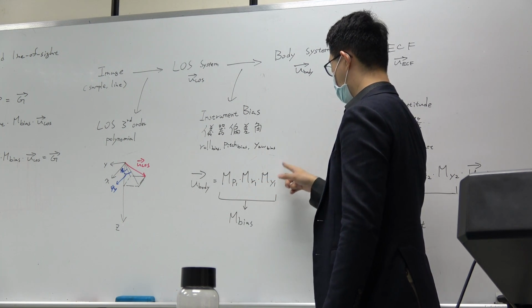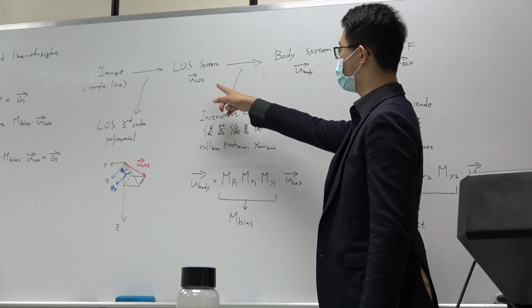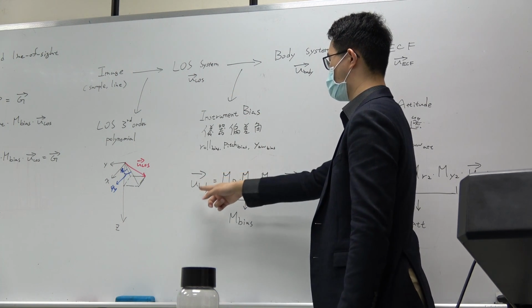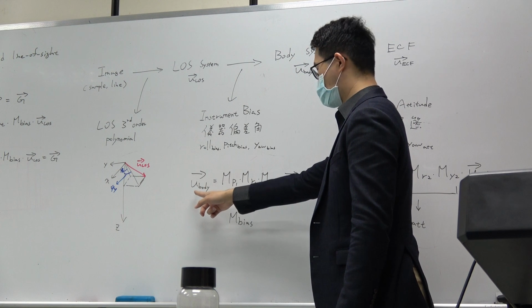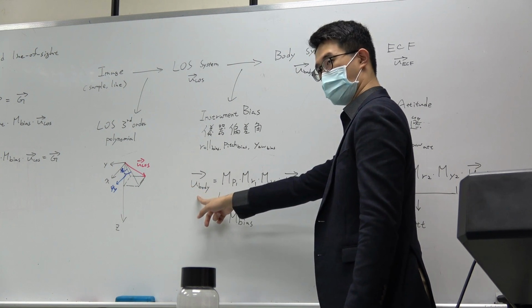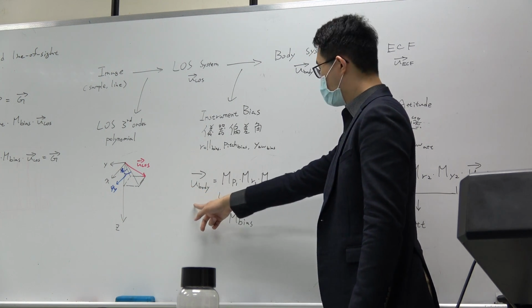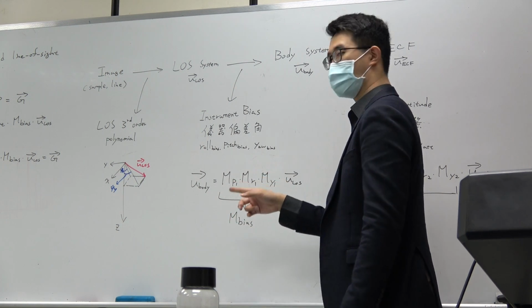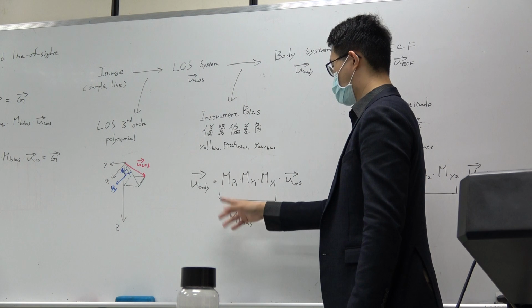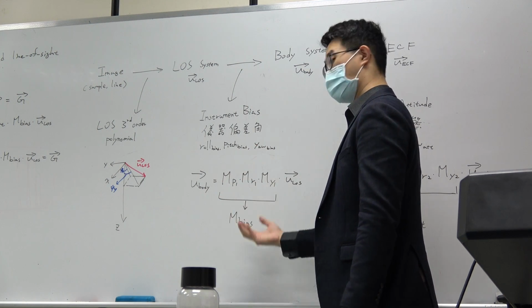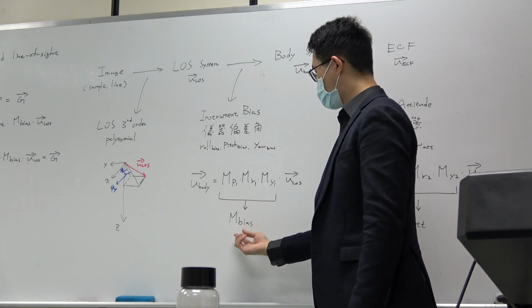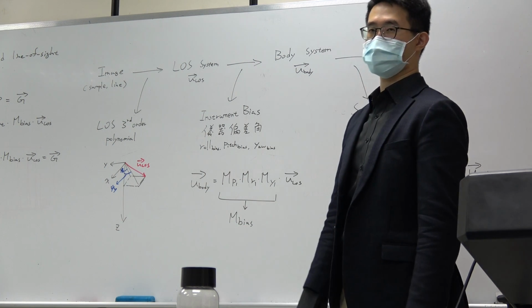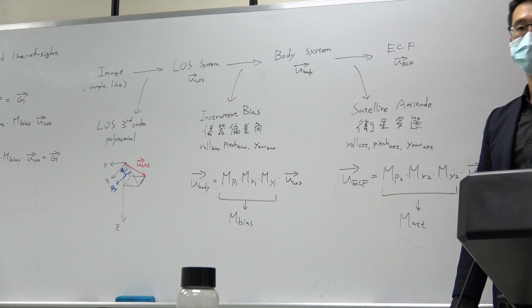As you can see, originally it is from the LOS system, and after the transformation we have the observation vector in the satellite body system. And MP1 multiplied by MR1 and multiplied by MY1, after you combine them, is the rotation matrix, and we call it M bias, the rotation matrix from the instrument bias. Okay?